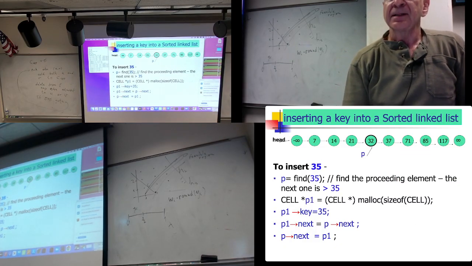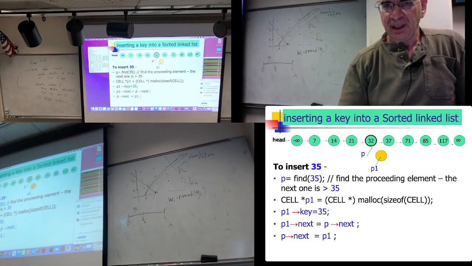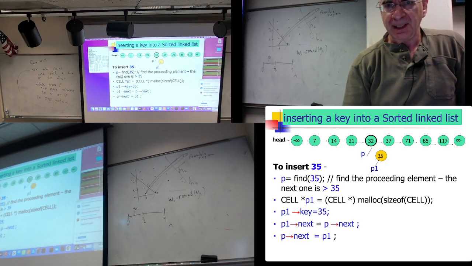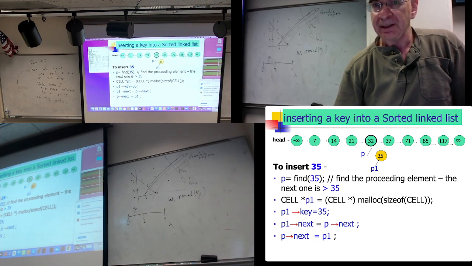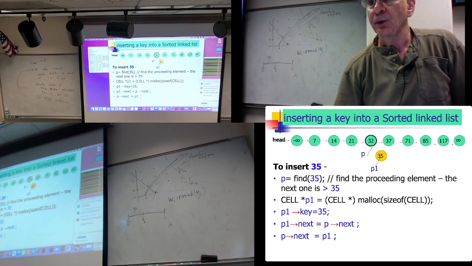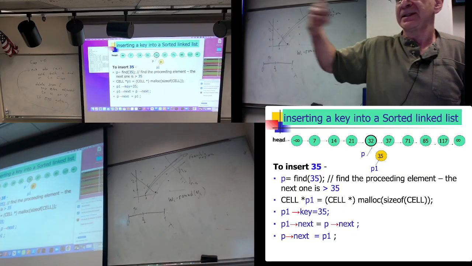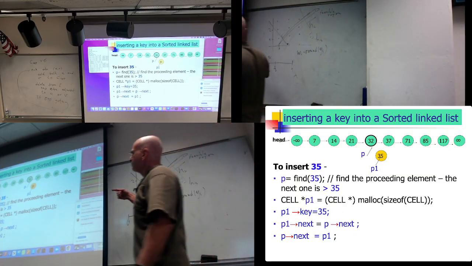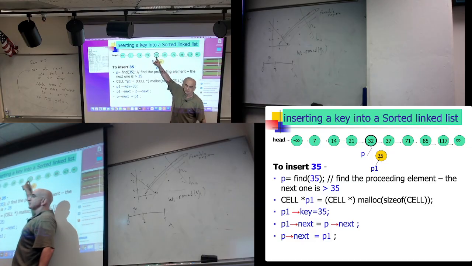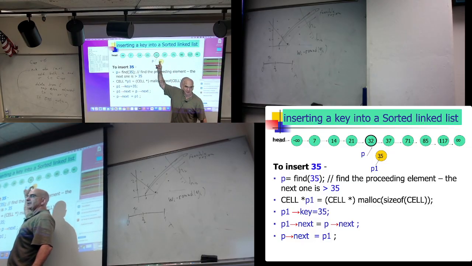Inserting a key in a sorted list. To insert 35, I'll allocate new memory for 35 and place the key 35 in it. Before that, I'll find the predecessor of 35, the element that comes before 35. The predecessor is the largest element that is strictly smaller than the key I'm after.